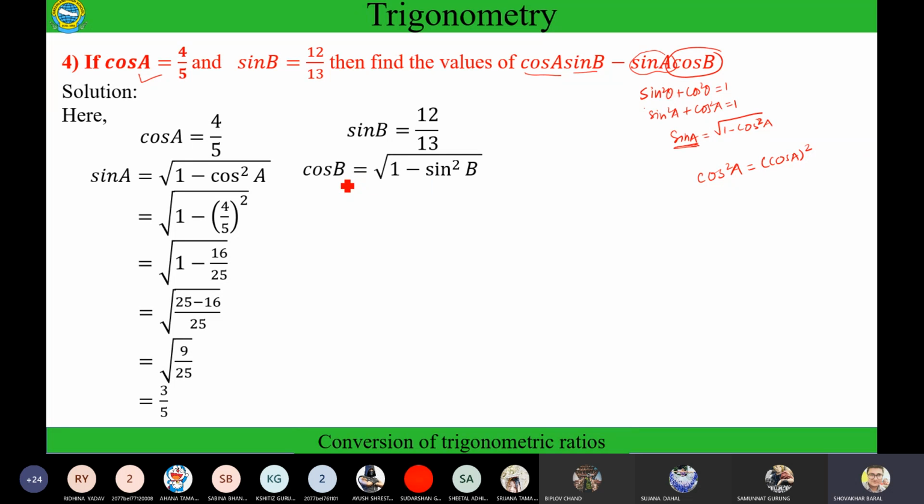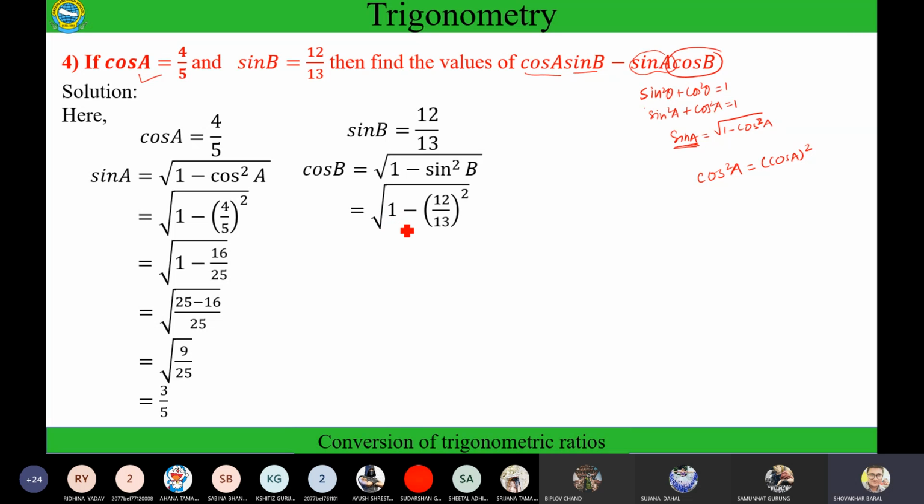As I have to find the value of cos B, this cos B will be equal to square root of 1 minus sin square B. So let's replace the values.